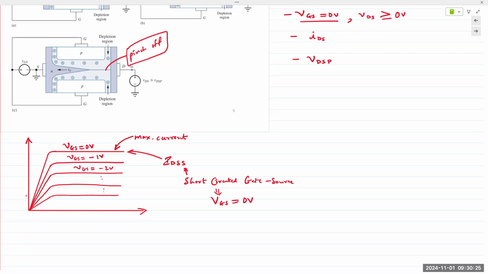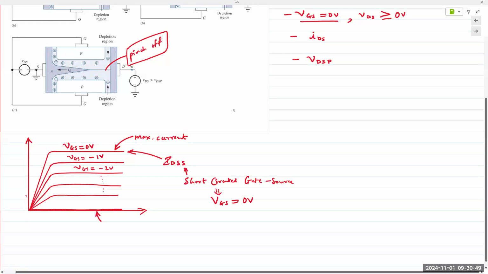And eventually, VGS crosses the pinch off voltage VP, where it doesn't matter what VDS you apply, because it's pinched off due to VGS, current is always 0 or at a very, very low value, like the saturation current. And we say the device is turned off or cut off.